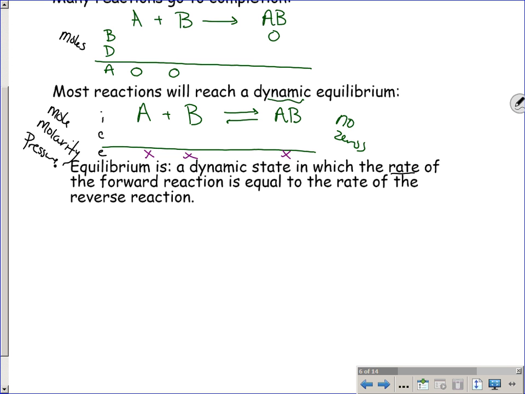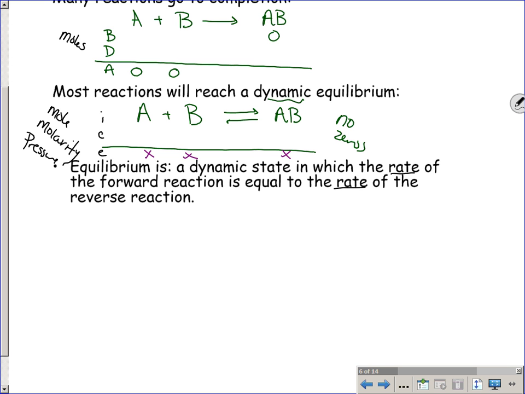What is equal are the rates, the amount of time it's taking for the reactants to form products and the amount of time that it's taking for the products to break back up into the reactants. When equilibrium is established, there is still this process occurring, reactants bumping into each other and forming products, and products breaking up and forming reactants.